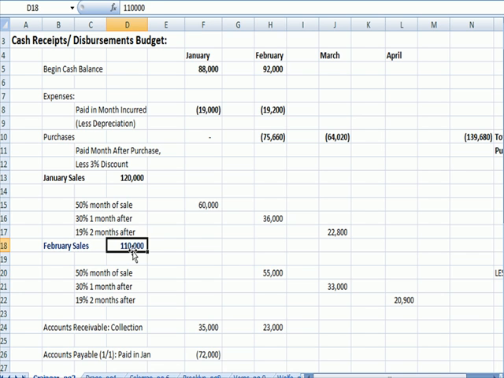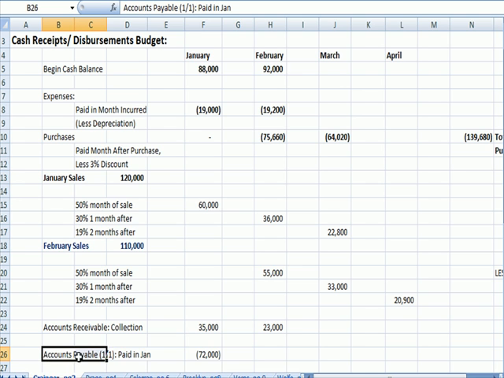February sales, 110, 50% in February, 30% in March, the remaining in April. You can see how that goes across. We've seen that several times. Another wrinkle, we have receivables that don't relate to these sales periods at all that we happen to collect in these months that relate to sales made before January.